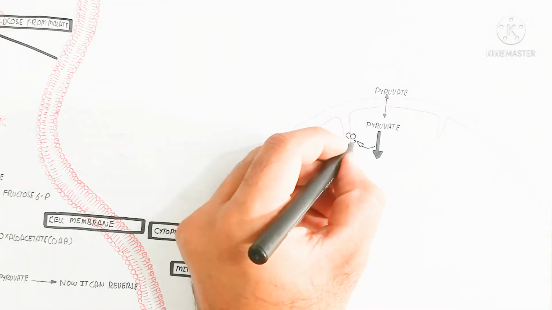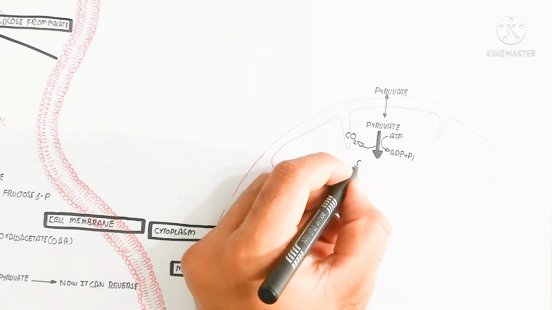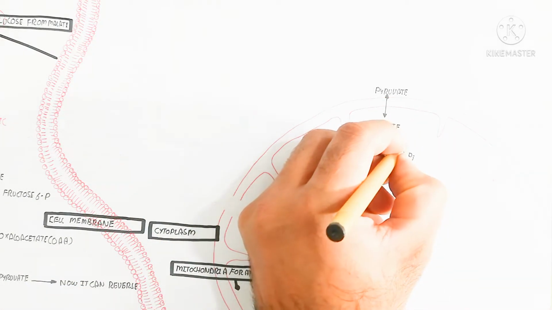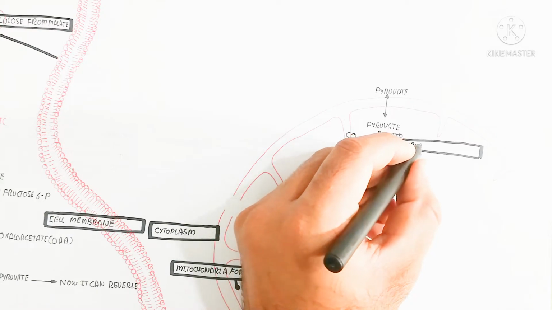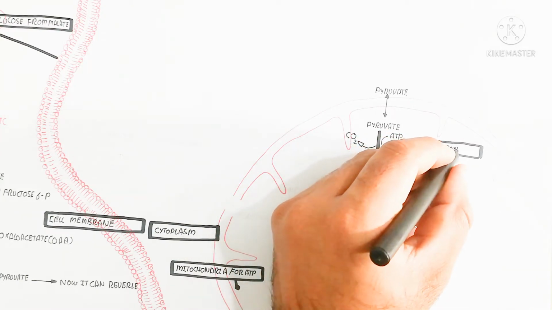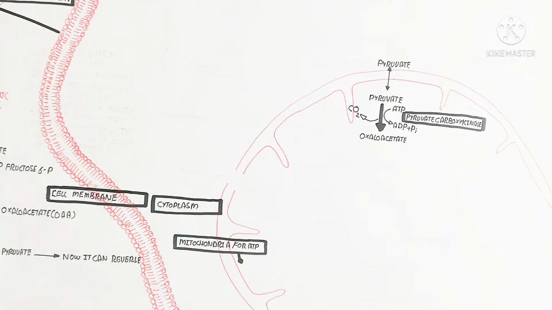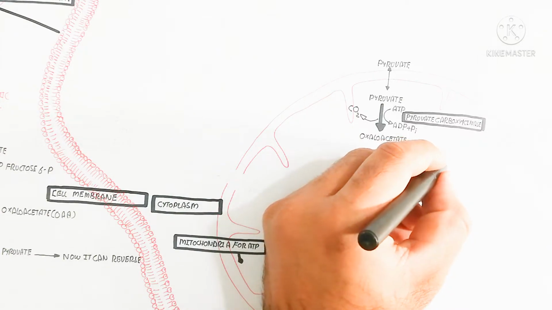This pyruvate moves inside, carbon dioxide is released, and ATP is used to produce oxaloacetate, by the pyruvate carboxylase enzyme. Oxaloacetate combines with acetyl-CoA, producing citrate. Acetyl-CoA also binds with pyruvate after decarboxylation.